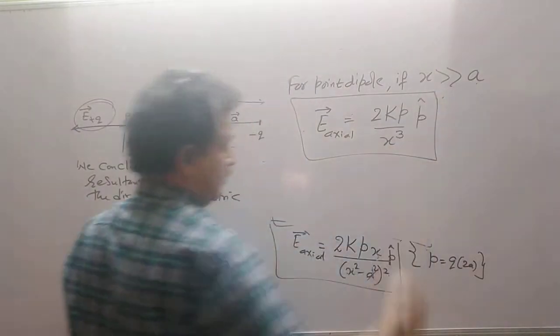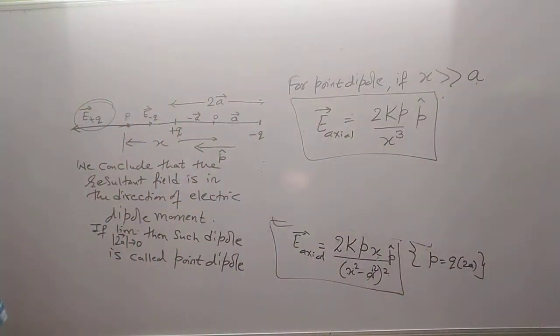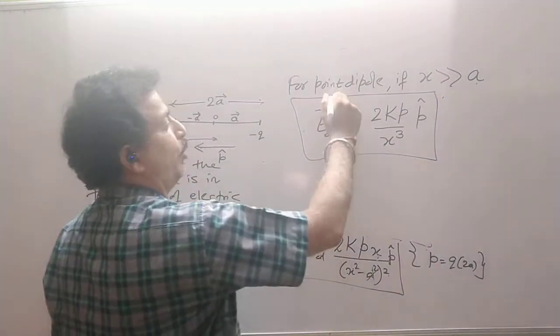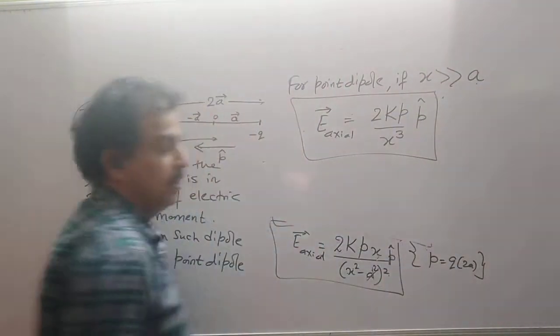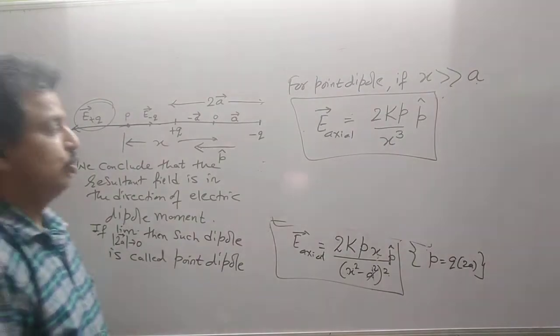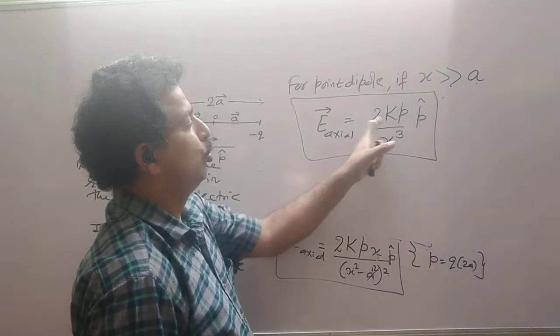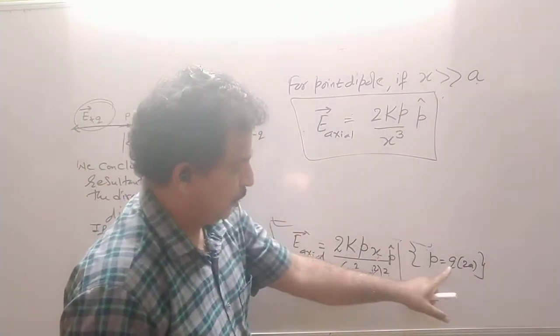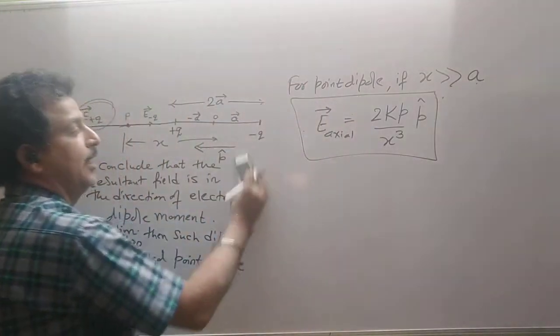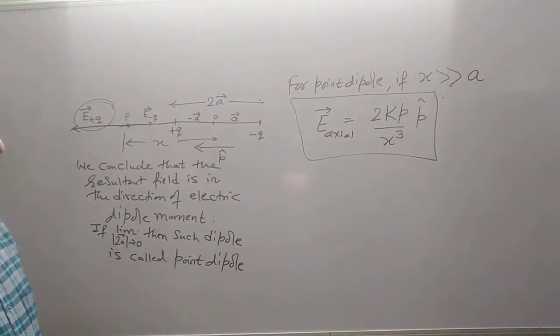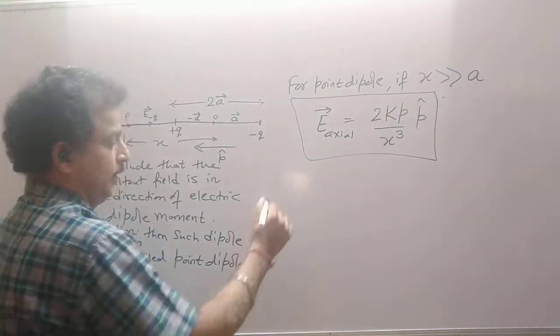So this is the condition for E axial for a point dipole, or if a point P is lying at a far distance from a dipole. So E axial is equal to 2kp upon x cube, where p is q into 2a. So this is the electric field intensity at an axial point.